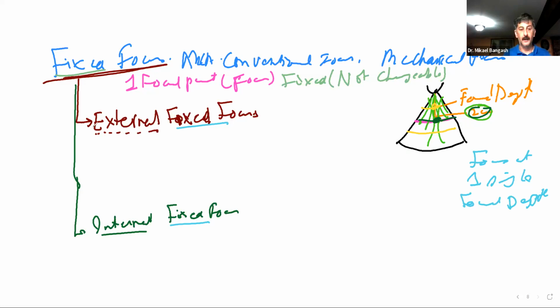What if it is external focusing? How is that going to be managed? We just go back to the basic structure of our transducer.